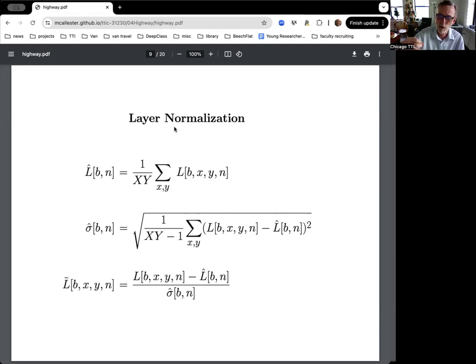You can't average over a batch. So there are some tricks people use. They compute a mean and variance that they use at test time. Layer normalization does not have that problem. It's treating each batch element independently, and therefore there's no problem at test time. You just treat that one test element independently.